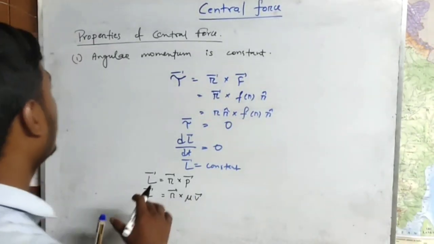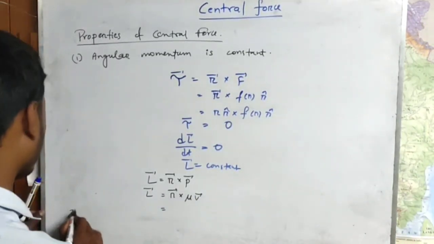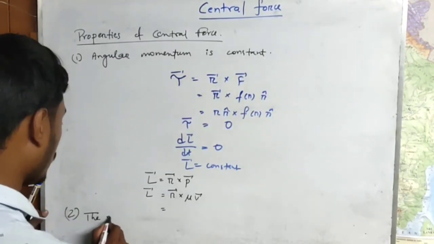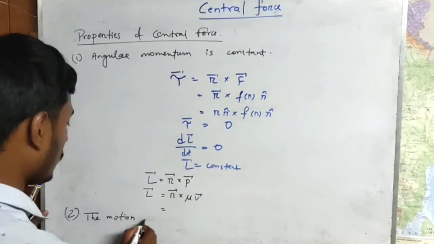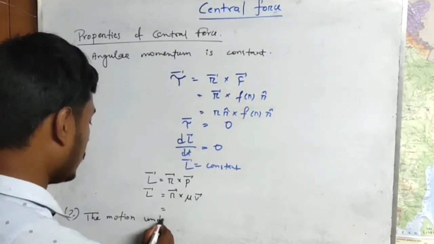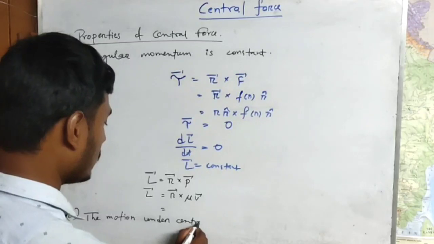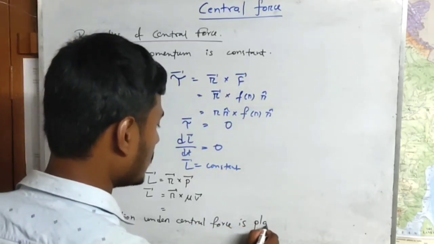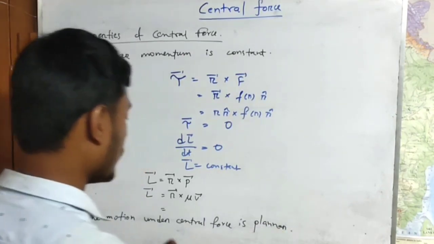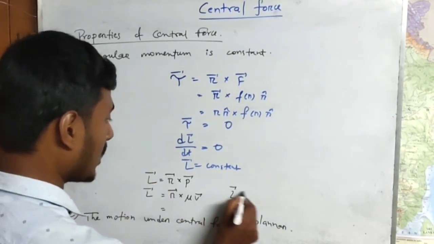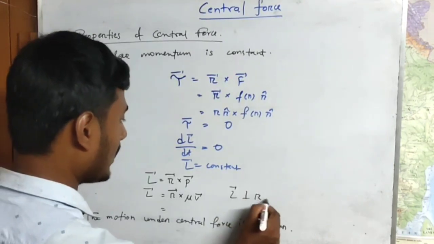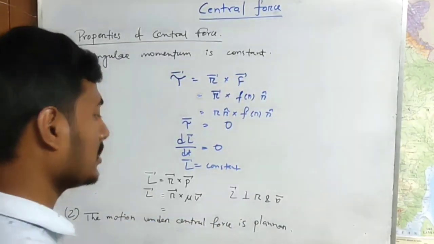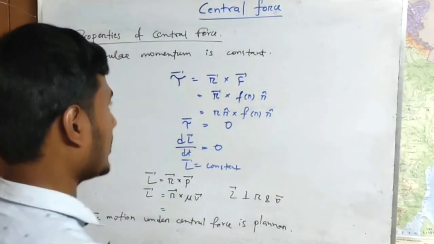That is another important property, that the motion under central force is planar, because here L vector is perpendicular to both r and v. That's why you can say that the motion under any central force is always planar in nature.